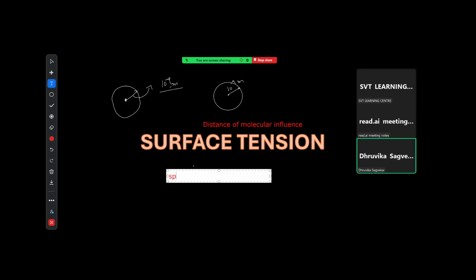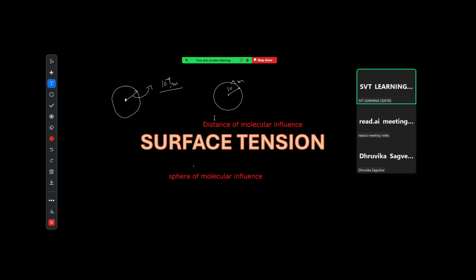Yes, sir. So did you understand radius of molecular influence and sphere of molecular influence? Instead of calling it distance, we could very well call it radius of molecular influence, because that would be a better term to use. So we call this the radius of molecular influence.